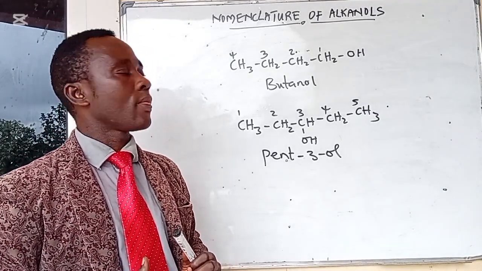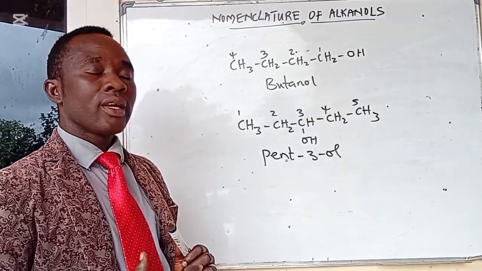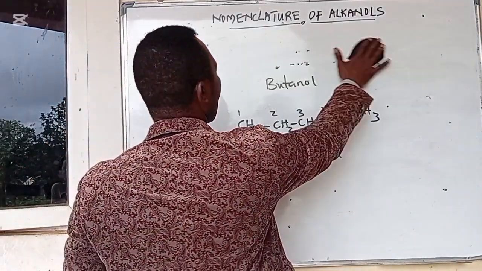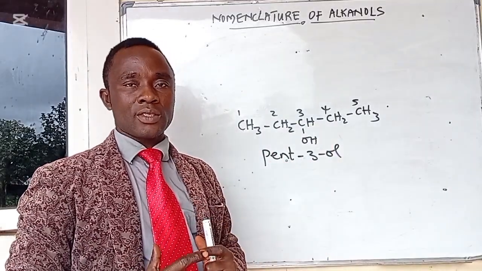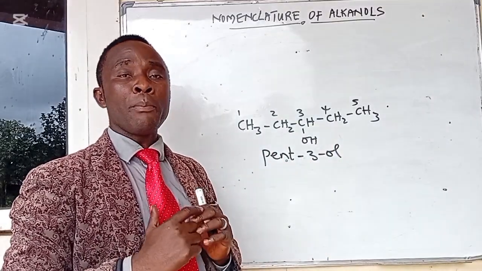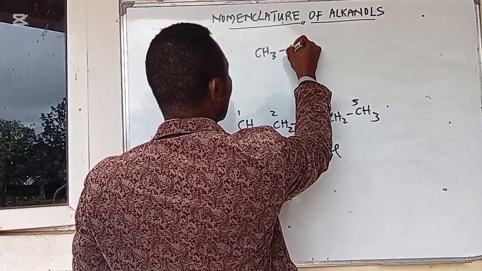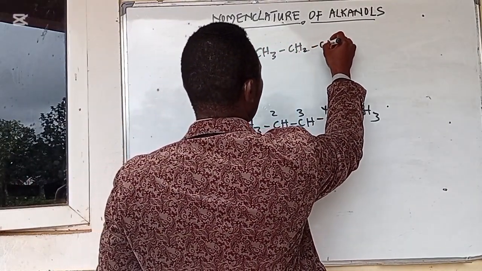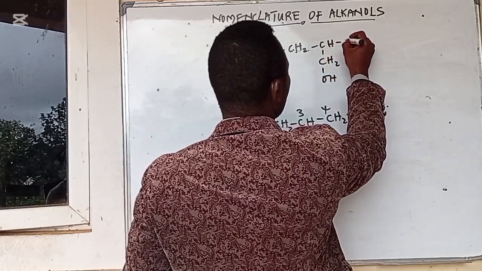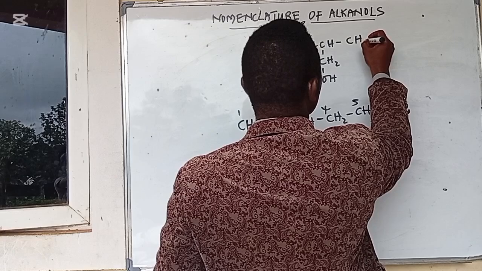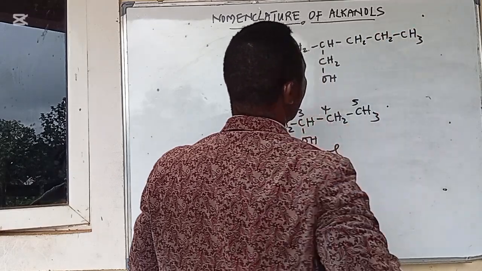You number in such a way that the hydroxyl group, which is the functional group, has the least number possible, and the carbon chain you choose as the longest should be the one that bears the hydroxyl group. So if we have CH3CH2CH, then we have CH2OH, then we have CH2CH2 and CH3.